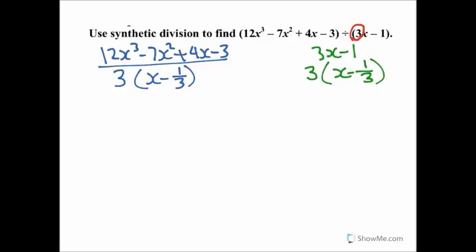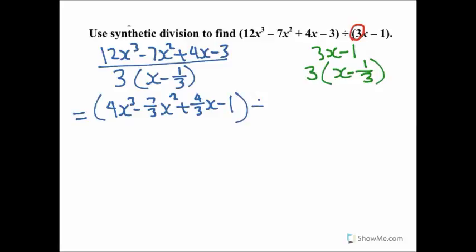Now, we can divide each of the coefficients of the numerator by 3. This would give us 4x cubed minus 7/3 x squared plus 4/3 x minus 1. This is our numerator, and we're dividing that whole thing by x minus 1/3.